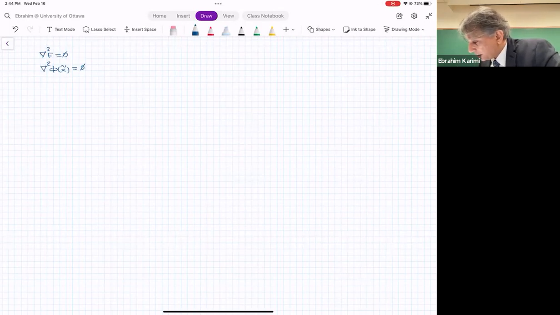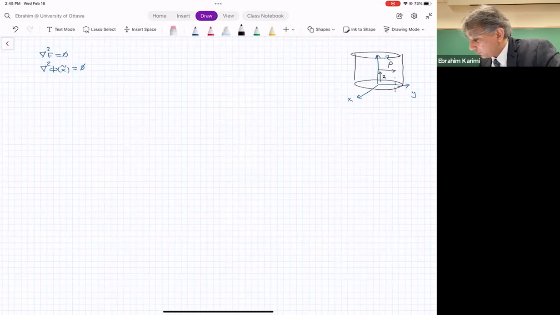Previously we looked at the case of x, y, and z. Now I assume that our system has a cylindrical symmetry, and is given by rho, which is the distance, z, and also the angle, which if you look at the projection here, I call phi.